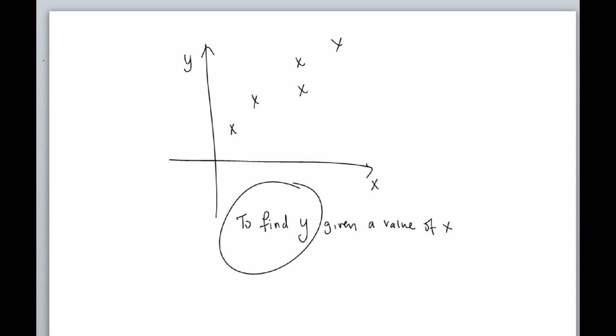What do you do? You regress y on x. That means, this is x, maybe 2.3, you want to find out what your y is. In this case, you will regress y on x, and you minimize what distance? You draw a line such that you minimize all these vertical distances. Vertical distance. You know what I'm saying?